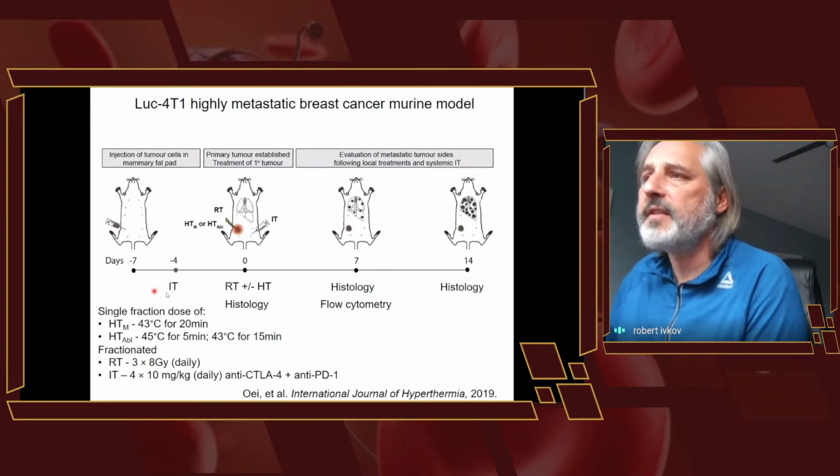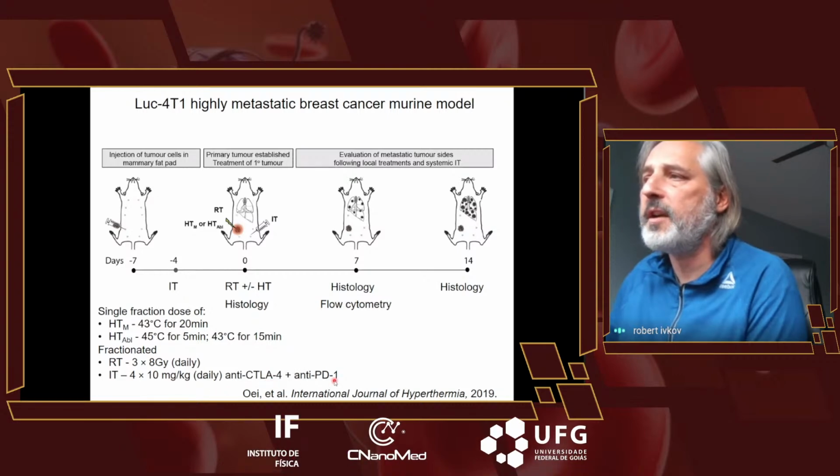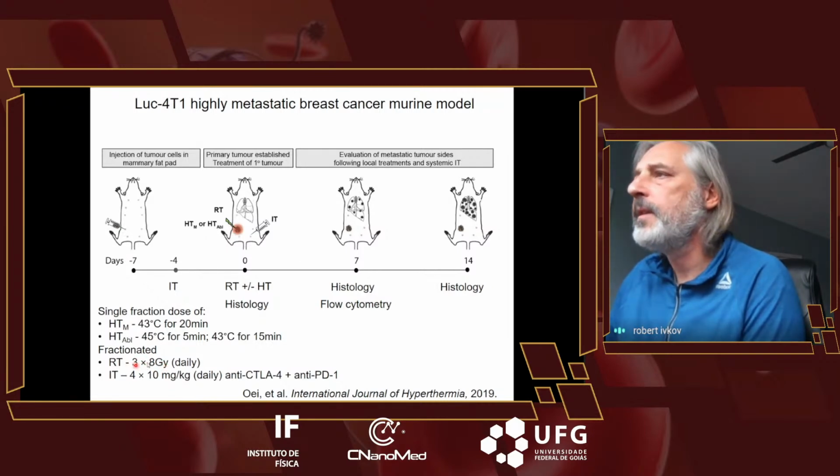We have systemic immune checkpoint inhibitors, so anti-CTLA4 and anti-PD1. And then on day 0, the mice are treated with local hyperthermia, some combination of local hyperthermia and local radiation. Radiation is 3 fractions of 8 gray daily.